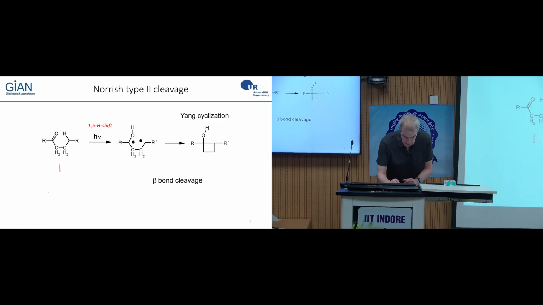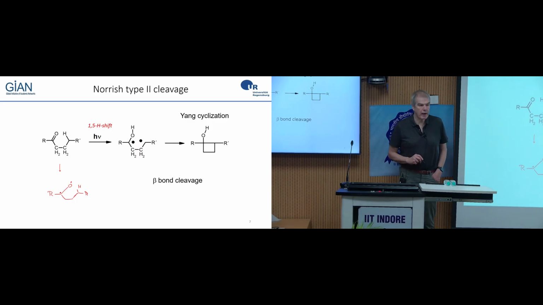If you do the excitation and you want to think about the chemistry that comes out of this, draw it as a diradical, and then you can get chemistry out of this.